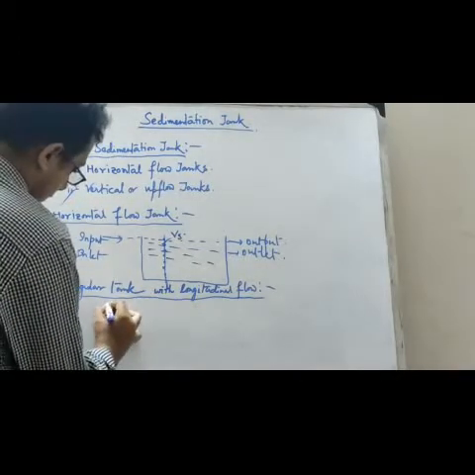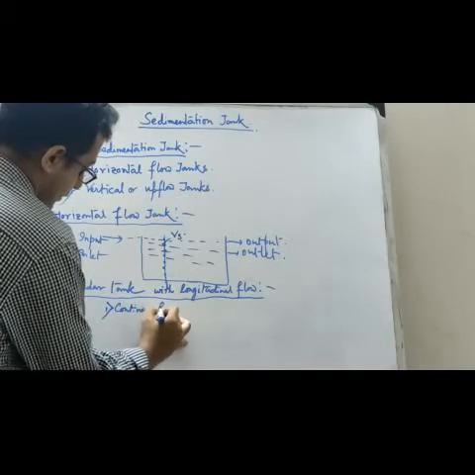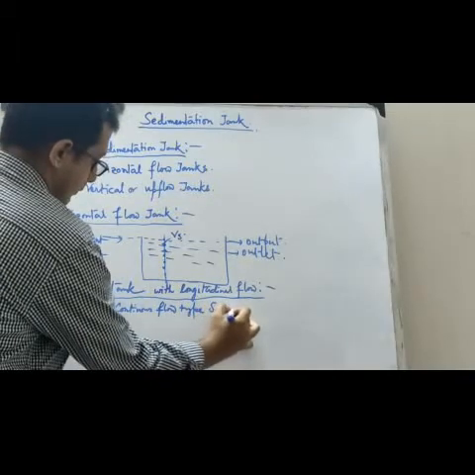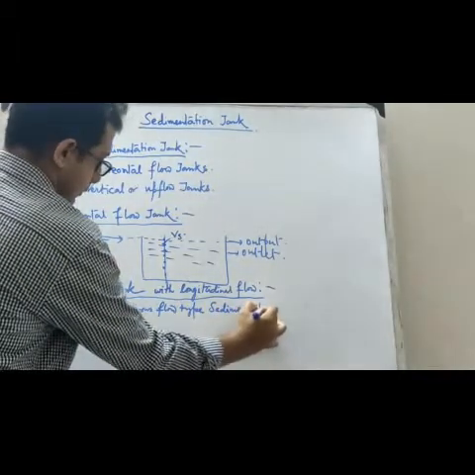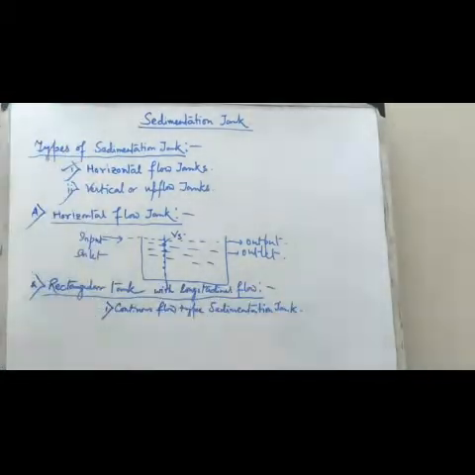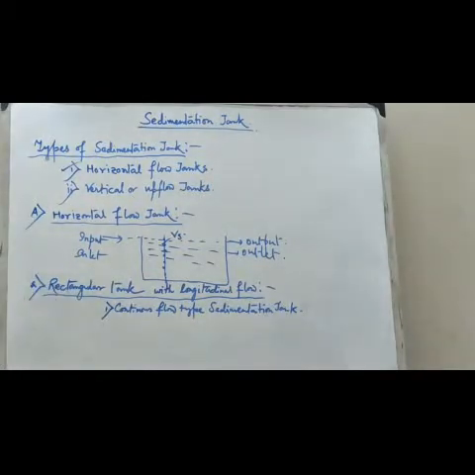So there is a type of tank that is the continuous flow type sedimentation tank, by which continuous flow occurs, which I have already discussed. Now there is another type of tank where mechanical scrapers may not be provided, and this tank has to be cleaned by stopping the operation of the tank.